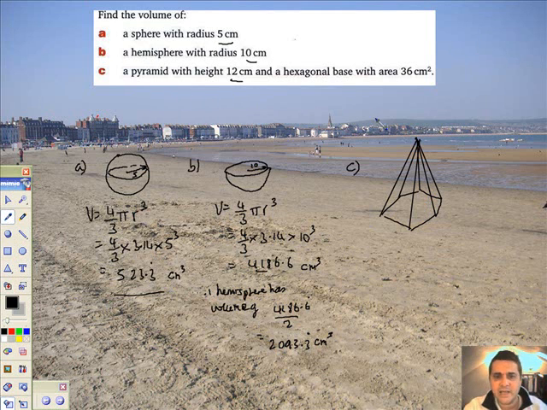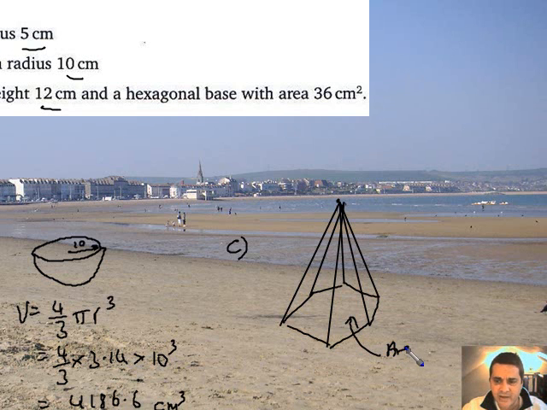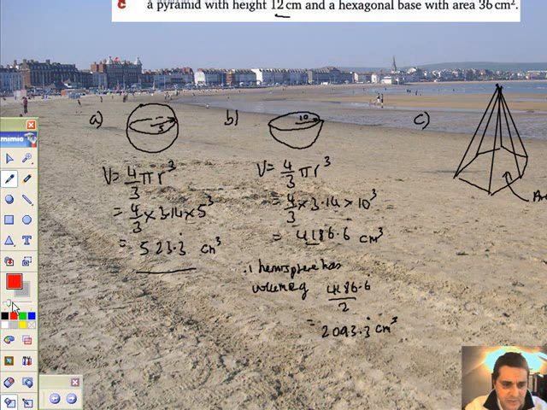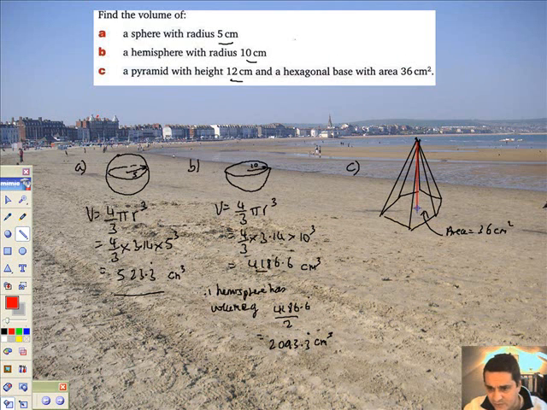So that's that. Now, fortunately, the base area has been given to us. So let me just write down here: area equals 36 centimeters squared. And I'm told that the vertical height from top straight to the bottom, and I'll draw this in a different colour, from there straight to the middle, so it'll be like a vertical drop straight down to the centre of the base there. I'm told that's got a height of 12 centimetres.